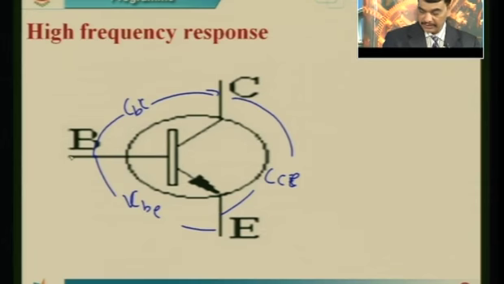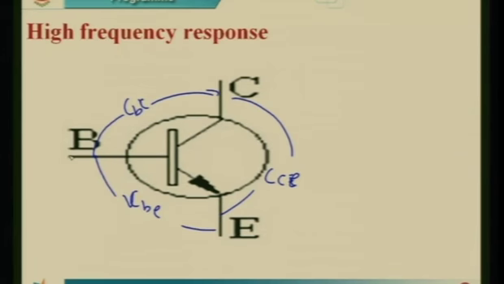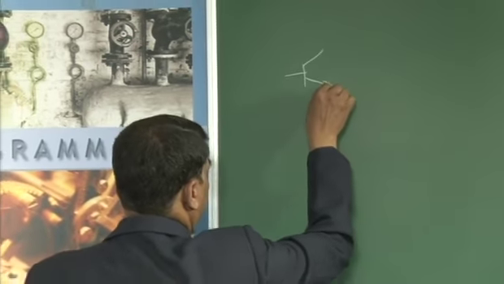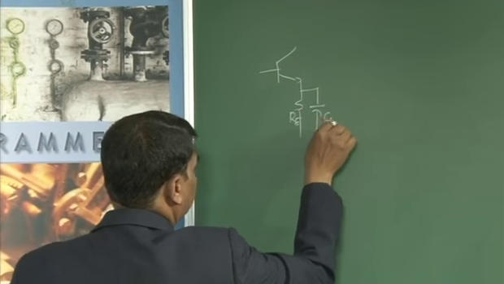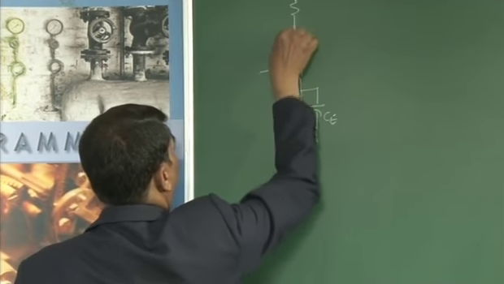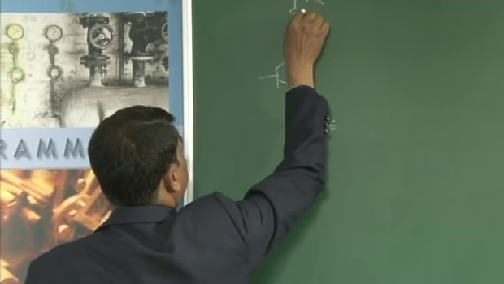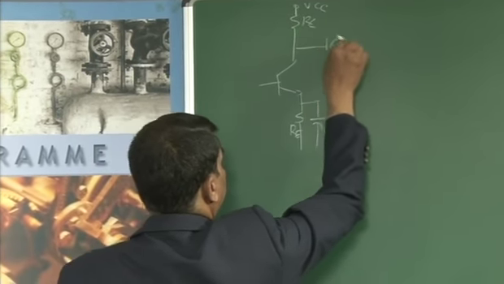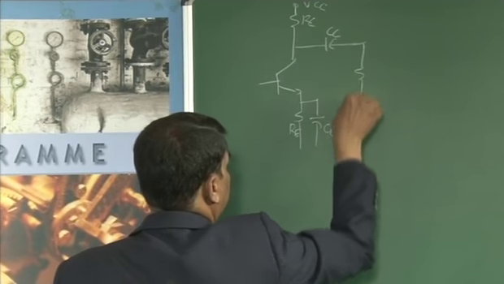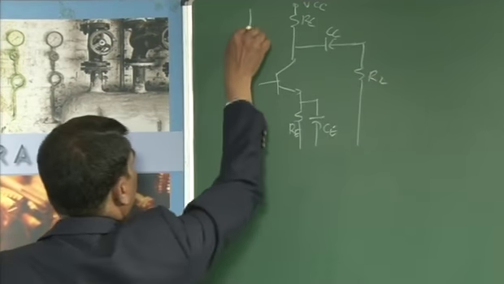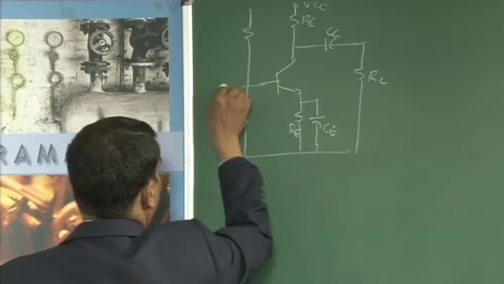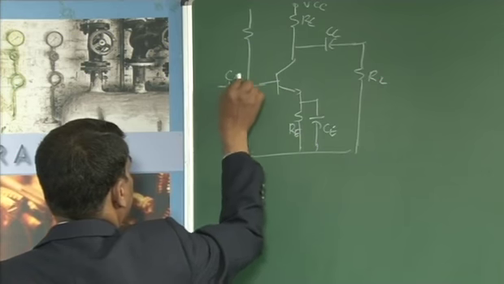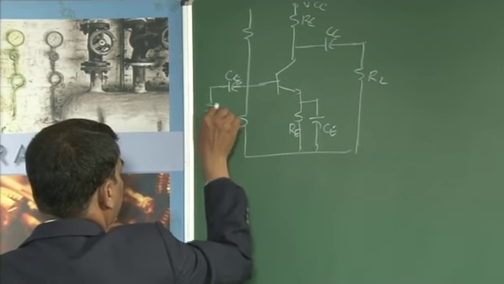If we consider the circuit of the high frequency response of an amplifier, if we consider this transistor, there is a resistance and a capacitor RE, CE, and VCC, RC, then there is a capacitor CC, then you have to connect RL, R1, R2, a capacitor CS, and then a resistance RS.